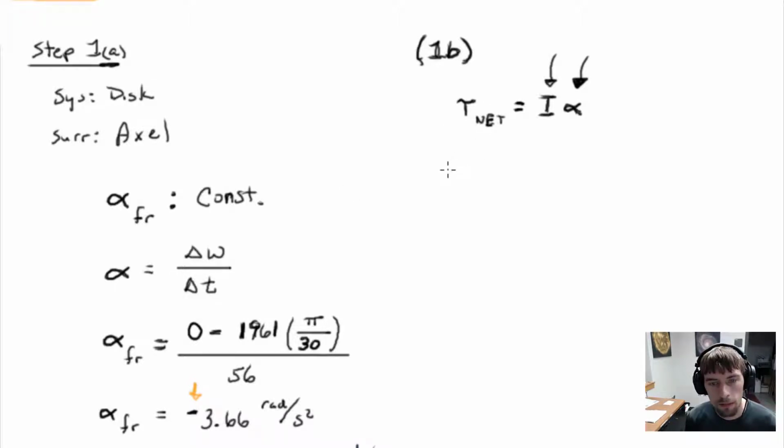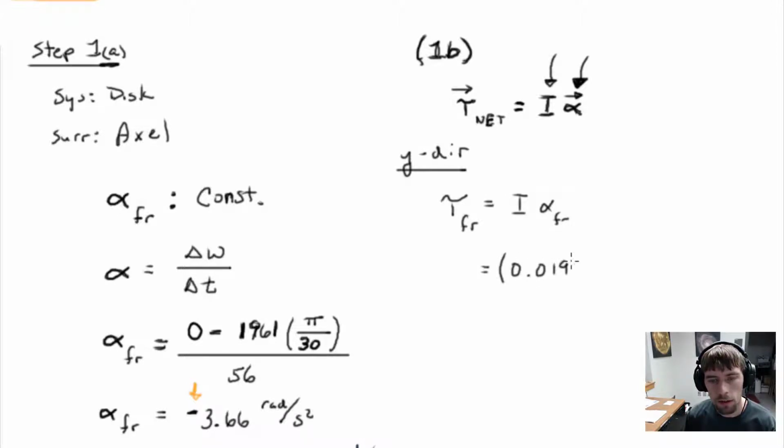So we'll go ahead and do that. I guess in the most strict sense, these are vectors, of course. So I'll look at the y direction. Looking at the y direction, what I have is the frictional torque equals the moment of inertia times, I'll say, alpha FR. And we're done. Right? You have a value for this, 0.019.